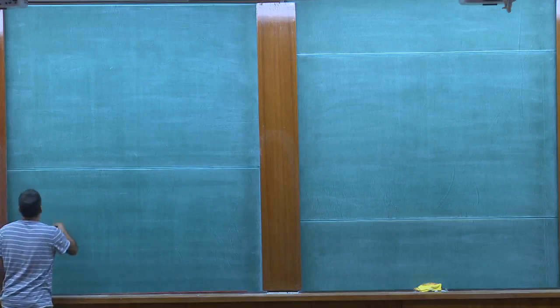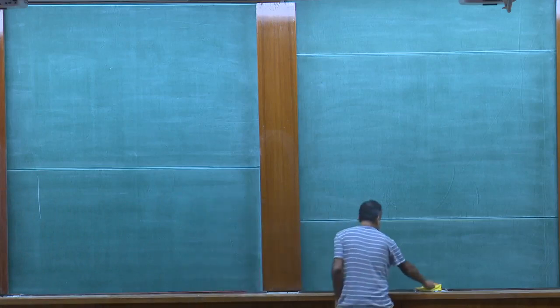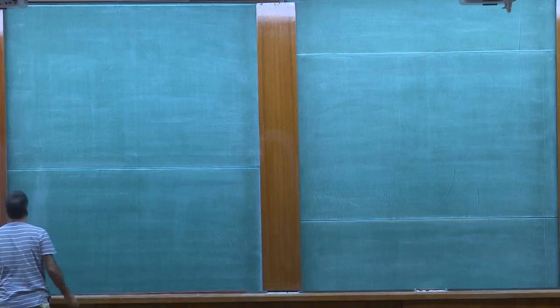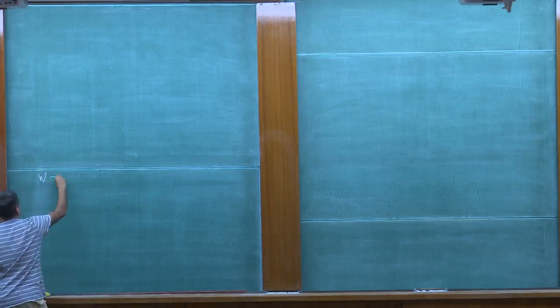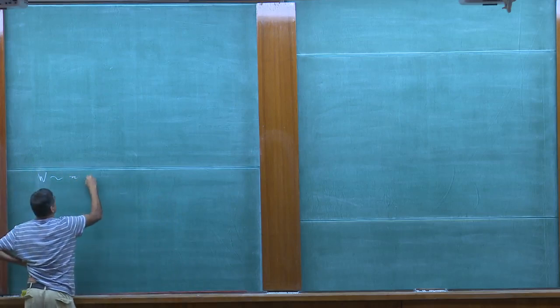Okay? And the answer is yes, and I'm going to at least roughly indicate to you how we can do this. So let's work with, for instance, a potential that looks something like this. A potential W that looks schematically like x plus x cube.